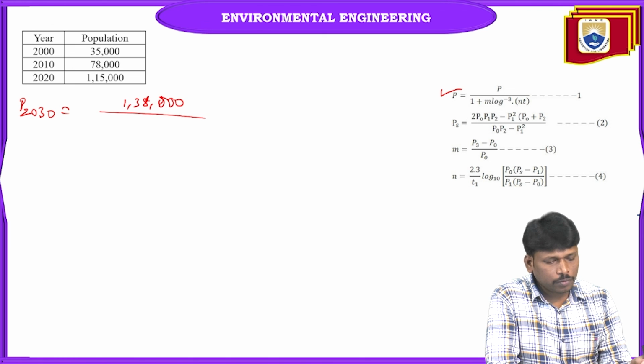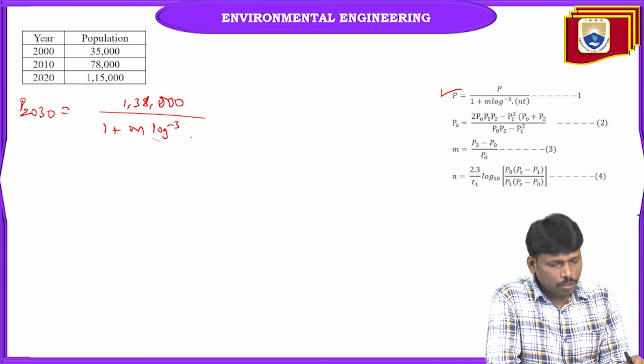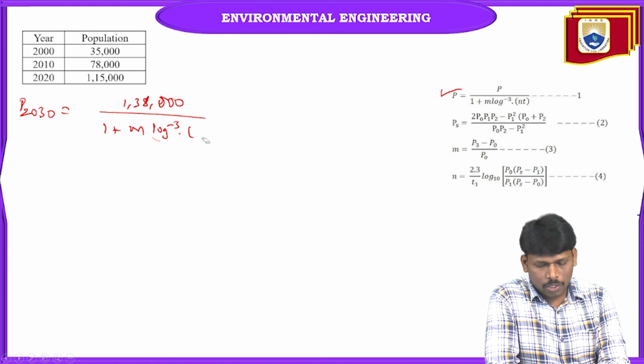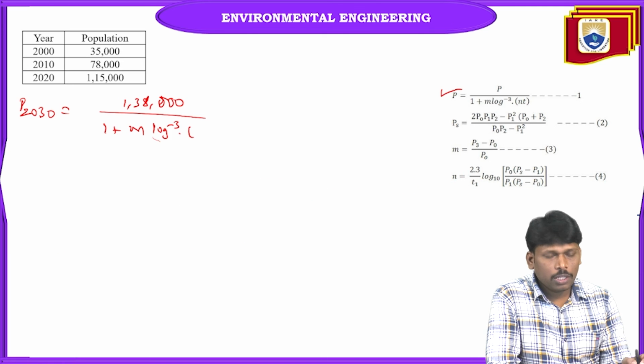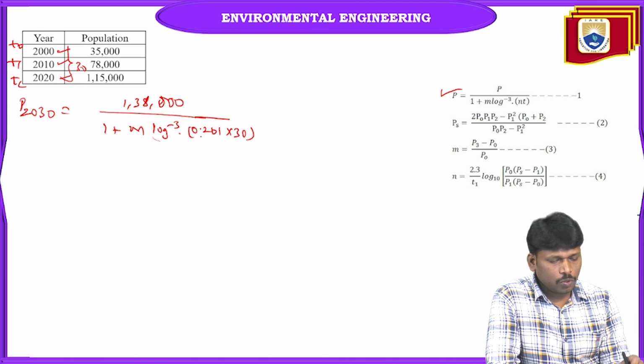Then 1 plus M into e to the power minus N, where N is the value which we obtained, that is 0.261, and into 30. So here it is T0, T1, T2, so in total we are calculating 30 years.